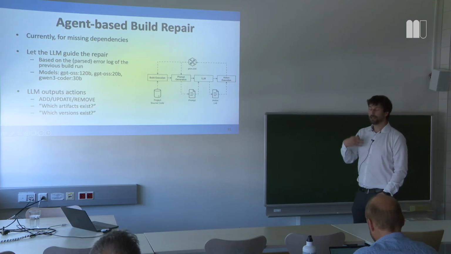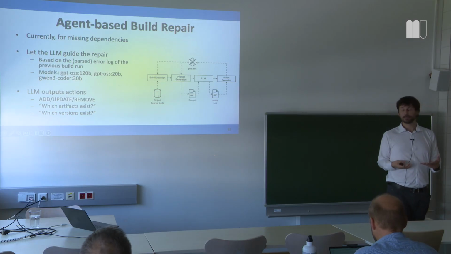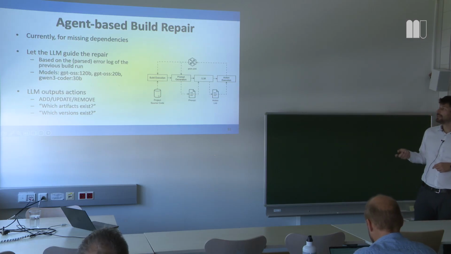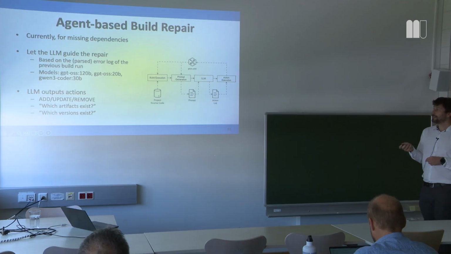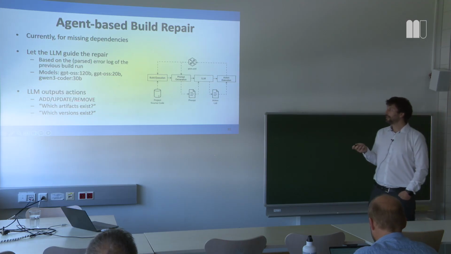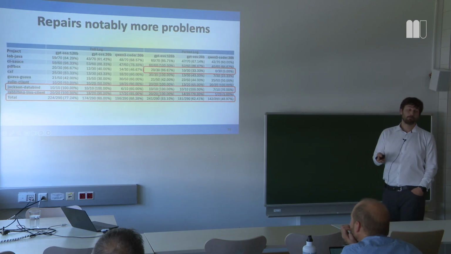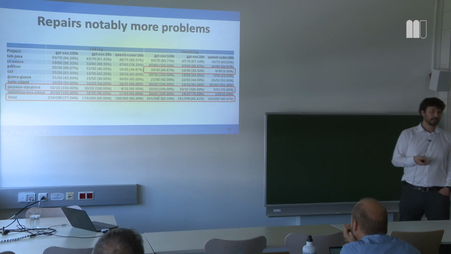We gave the LLM the error message, and we asked it to find something that repairs the build. Basically we asked the LLM to provide us with some actions, adding, updating, or removing dependencies, or giving more information about the universe. And it turned out that this is actually working a little bit better than the static approaches.